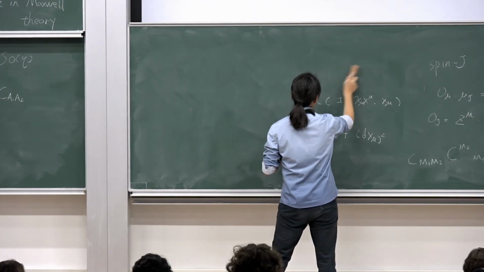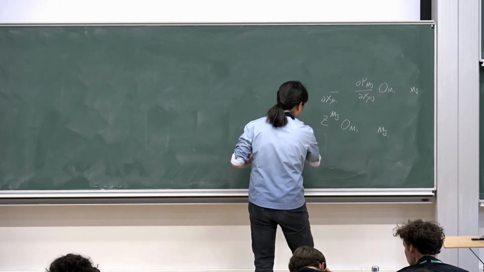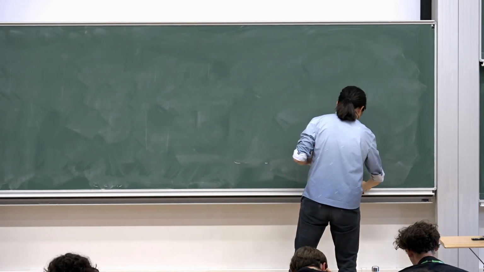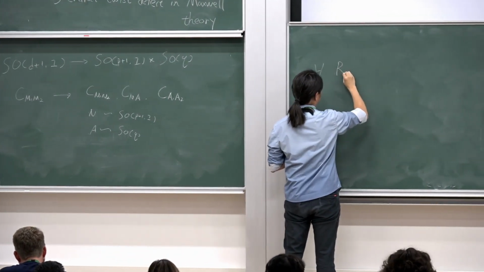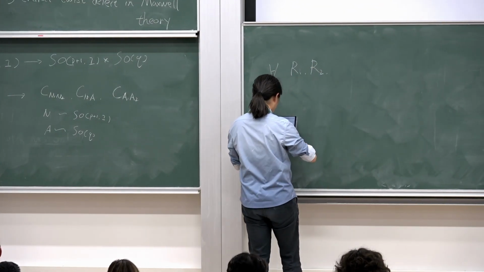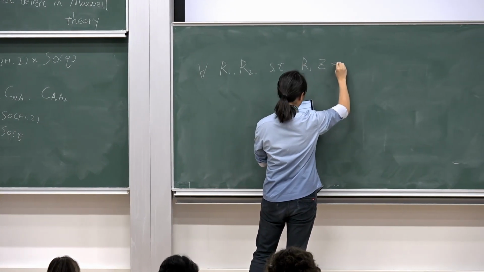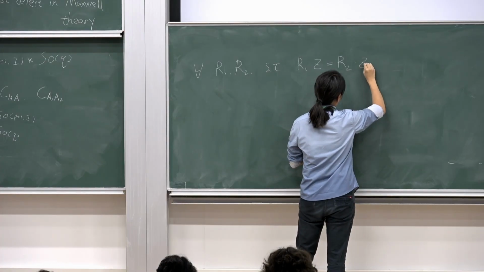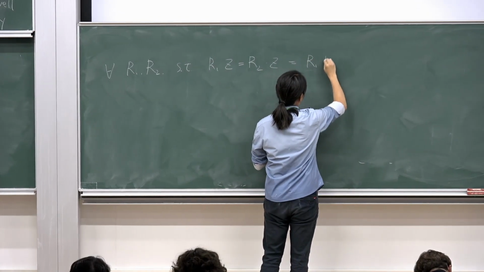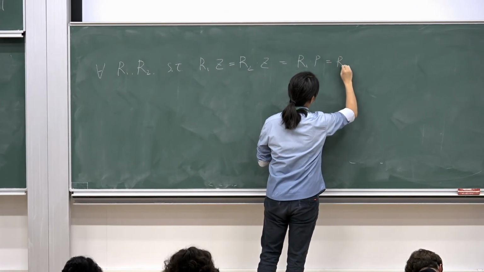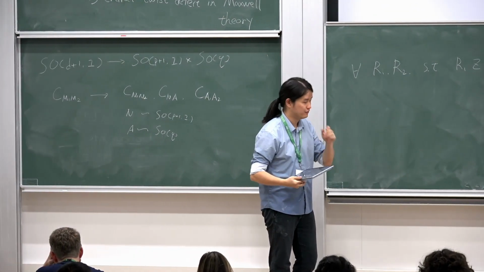Now, you can prove, maybe I should leave this as an exercise, that for any vector satisfying the following condition, that they are null with respect to Z and also null with respect to P. For example, you can take R1 or R2 to be Z or P or any other combination.